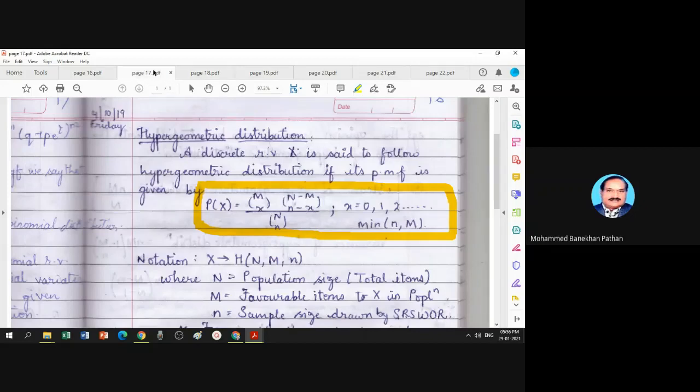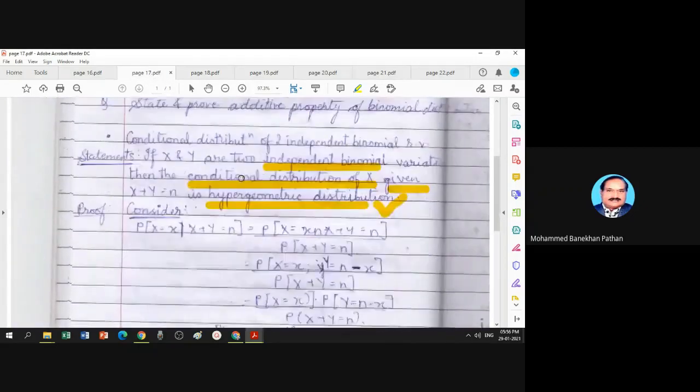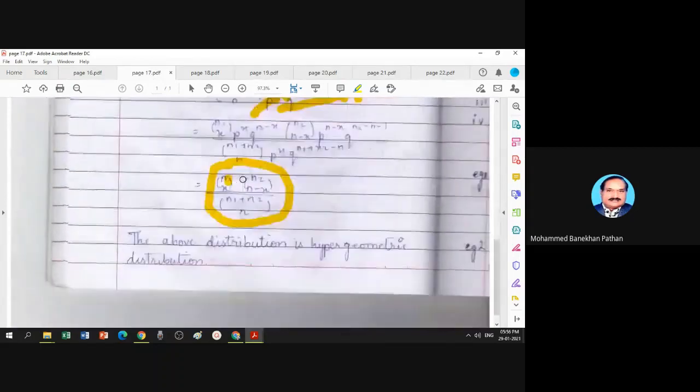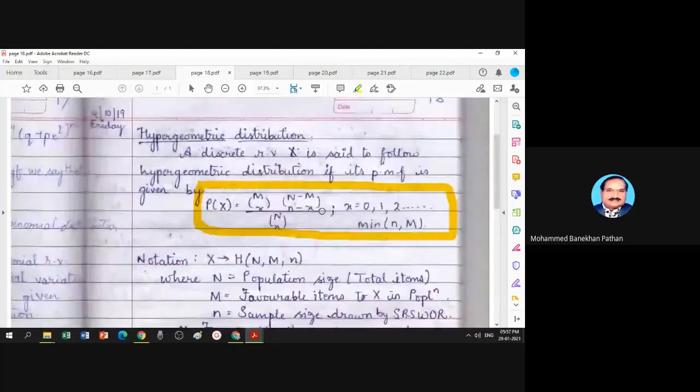That is happening in your binomial result. This is n1 and this is n2. Addition is n1 plus n2. This is x and this is n minus x. Addition is n. So that is nothing but your logical way to remember the hypergeometric distribution.